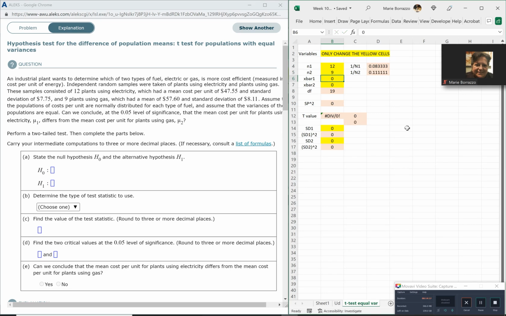X bar, which is the mean that we found in this case for the 12 plants, was 47.55. Notice that I said to you in the Excel sheet, only change the yellow cells. You have a standard deviation for the first value of 7.75.